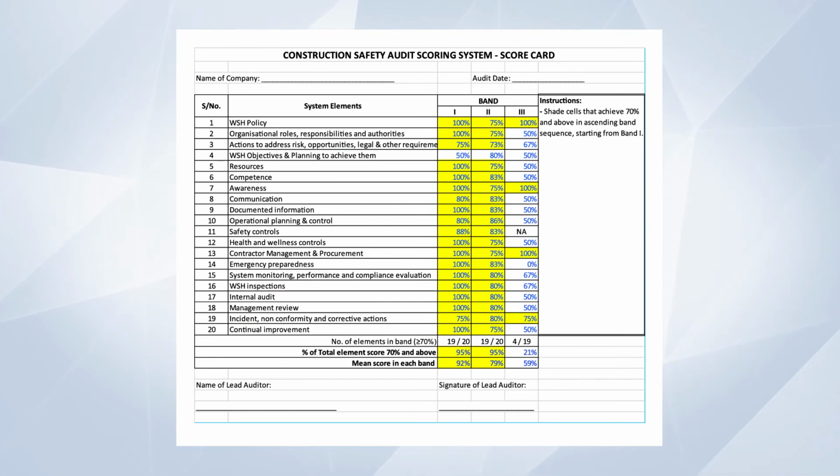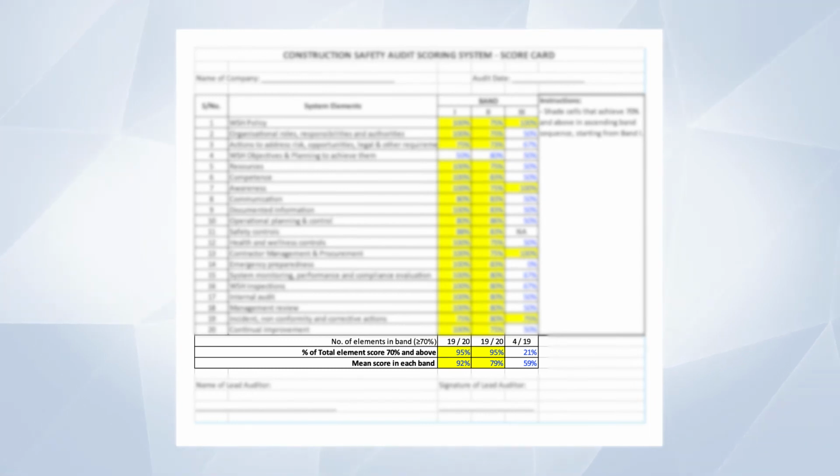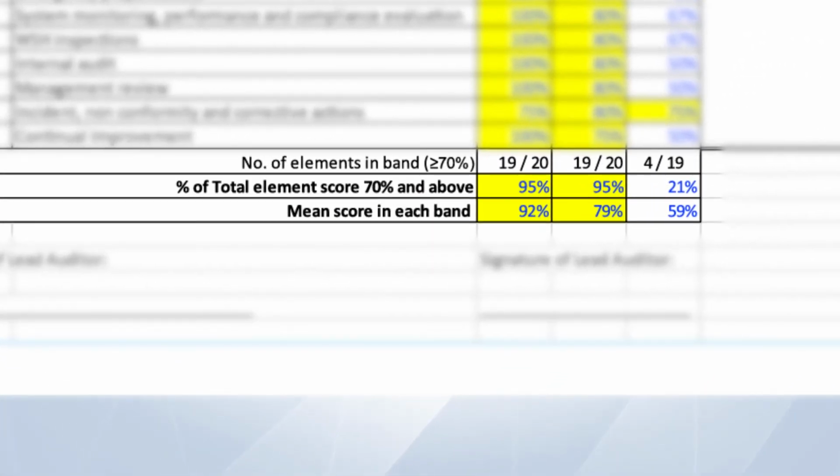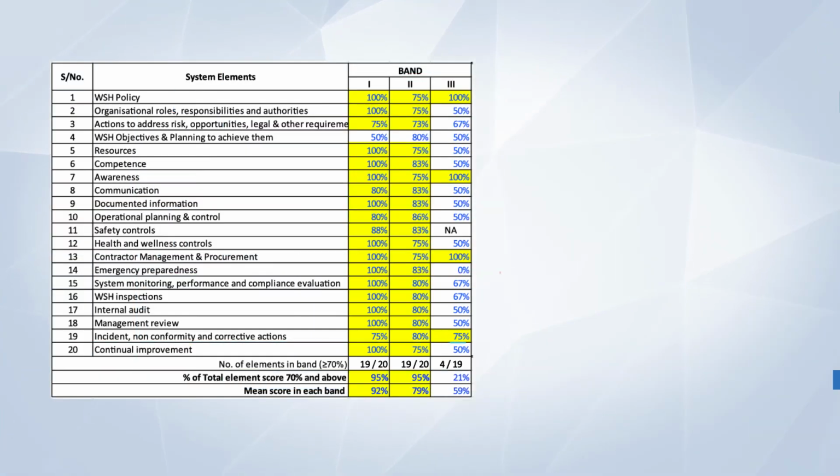The last 3 rows indicate the overall score of the audit. There are 3 types of calculations done here. Number of elements in band that receive 70% or more, percentage of total elements that score 70% and above, and lastly, mean score in each band. Let's look at the scorecard again.